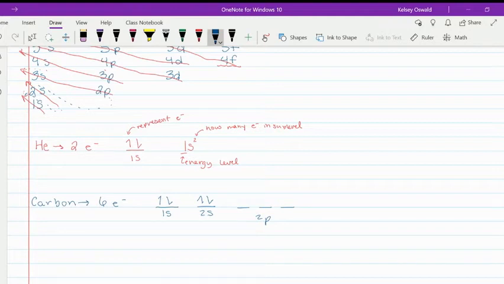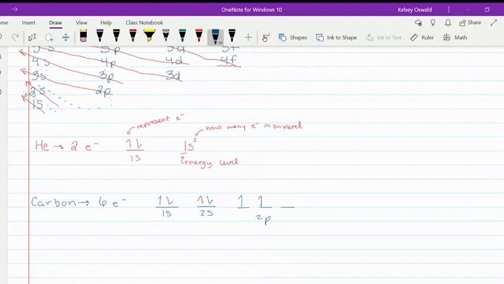So that means I have 2 electrons left that I need to place. Remember, our electrons are not going to pair up until they have to. So because of that, I'm able to put my 2 electrons in different beds or different orbitals within that 2p sublevel. Because they're not going to want to pair up until there's no empty spaces left.